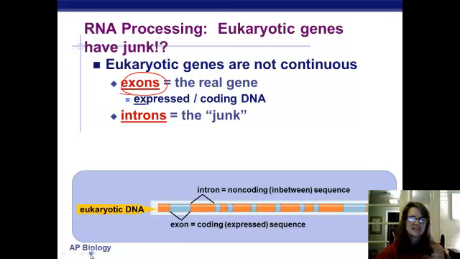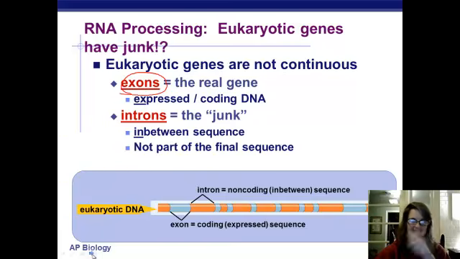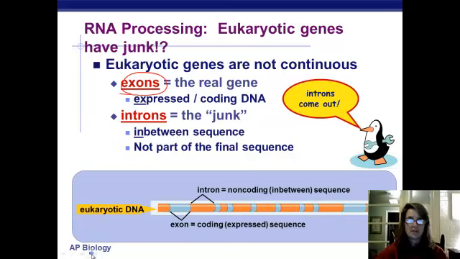Okay? There's another part in there that is introns, and that is the junk, if you will. It's not junk, but it doesn't have any use for what we want to do right now. It's an in-between nucleotide sequence. It's not going to be part of the final product.